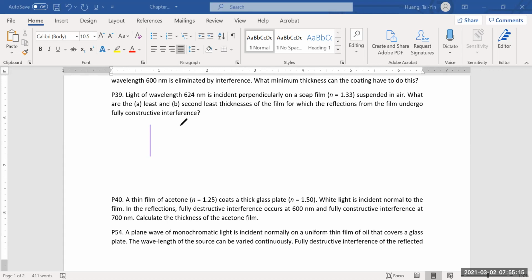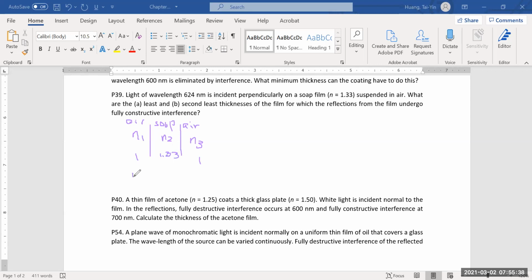So again, I'm going to draw this. I have my air, I have my soap, and I have my air again. I'm going to call this n1, n2, n3. n1 and n3 are 1, and the soap has an index of refraction of 1.33.